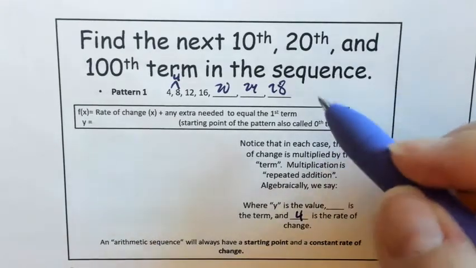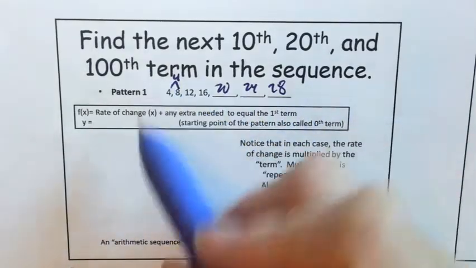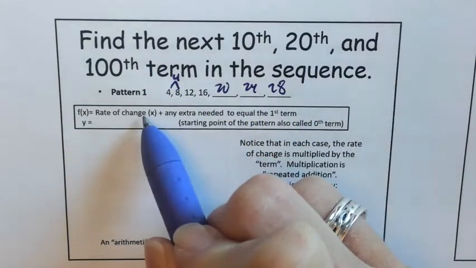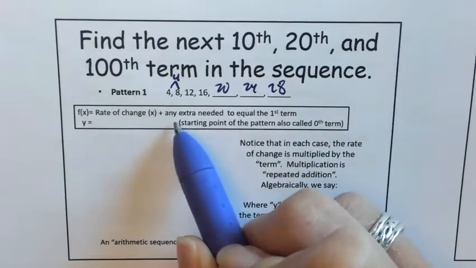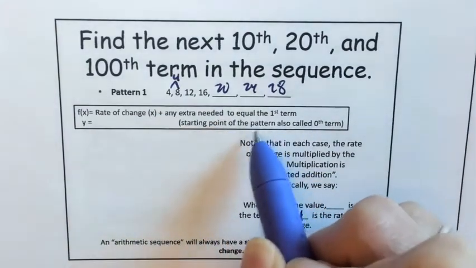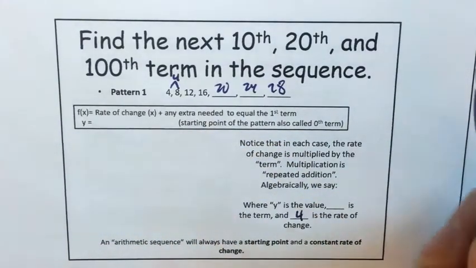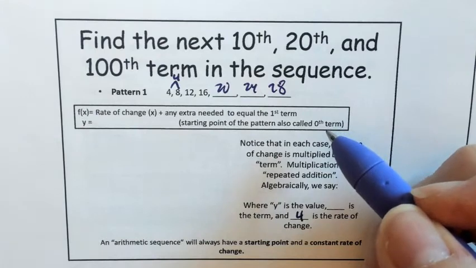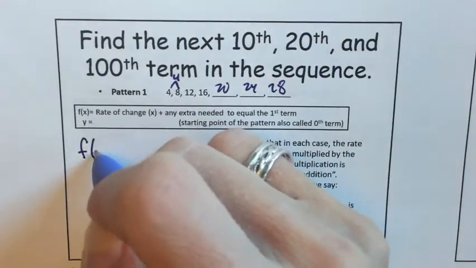What's happening is I'm going to develop a rule. I'm doing the rate of change times my input number, which is x, plus any extra needed to equal the first term. This is also called that starting point that we already referred to. That's called the 0th term. We're going to take our function, which we're going to call f of x.